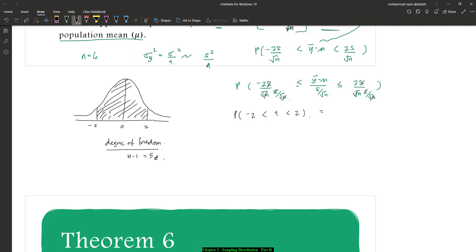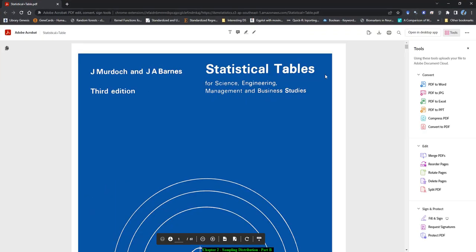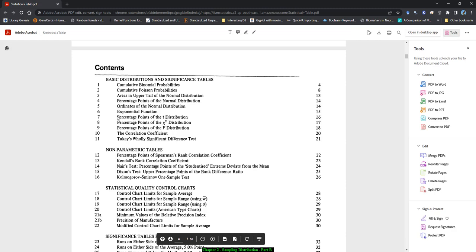So let's look at the statistical table. We're going to look at the table for t distribution. T distribution is table number 7, page 16.